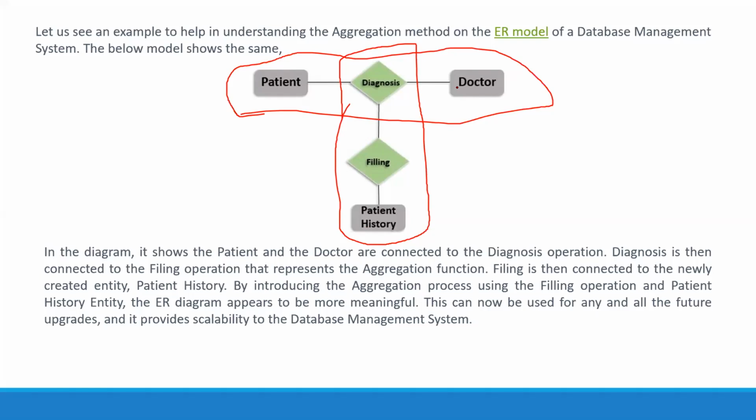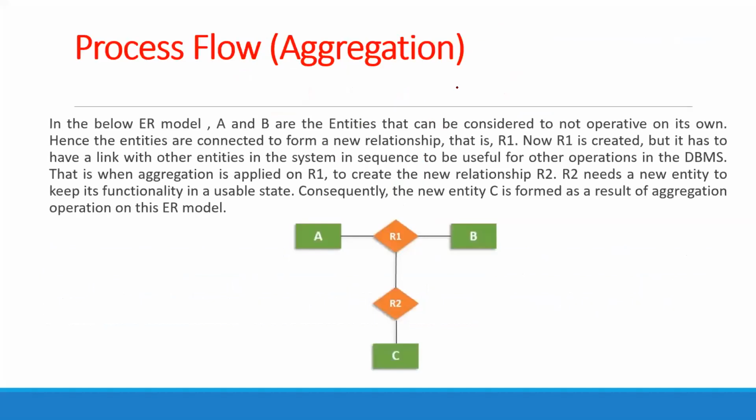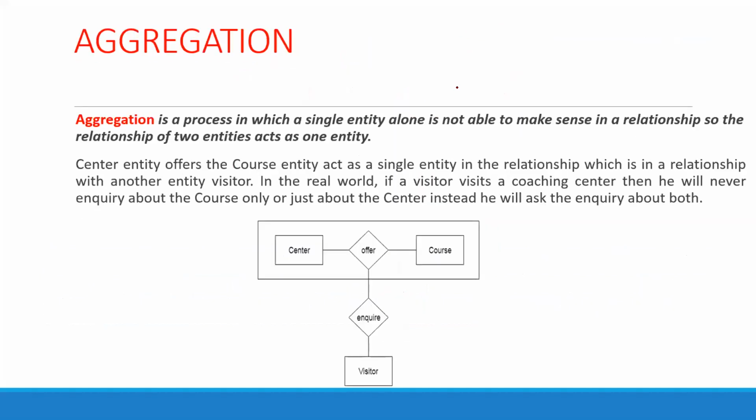So here aggregation is a process to make an entity or a relation make sense and be meaningful, with the relationship of two entities acting as one entity.